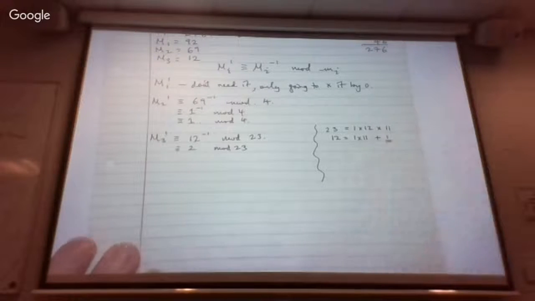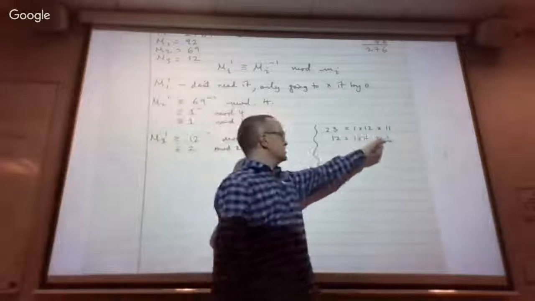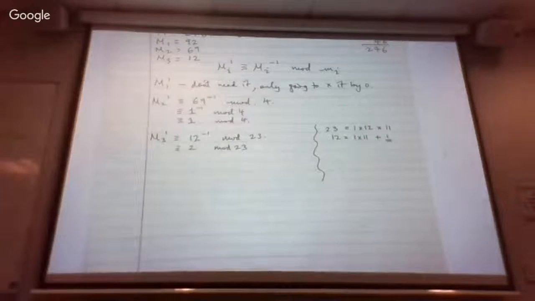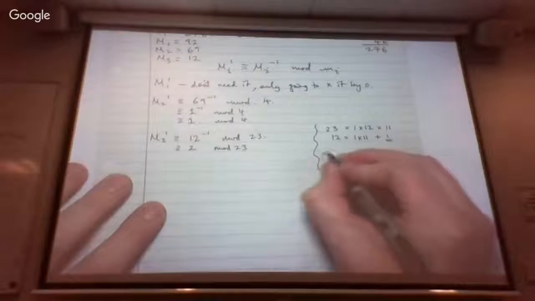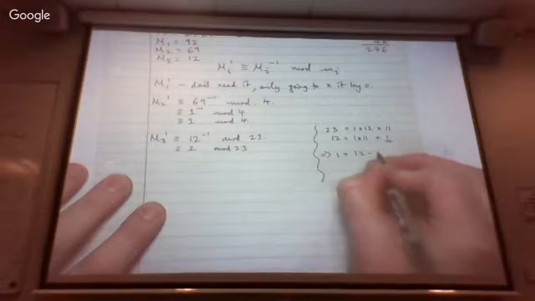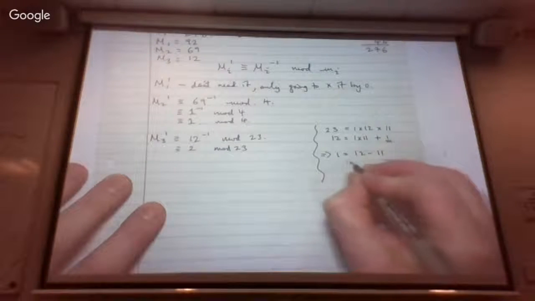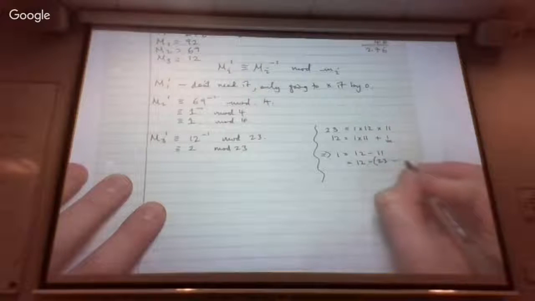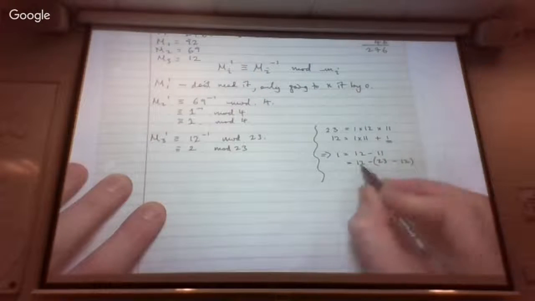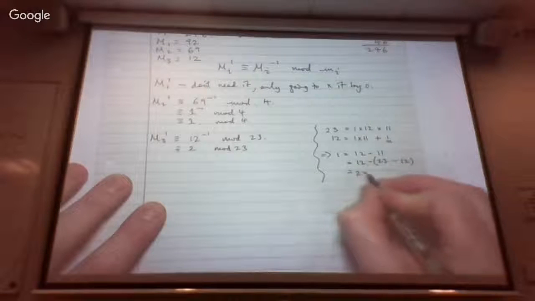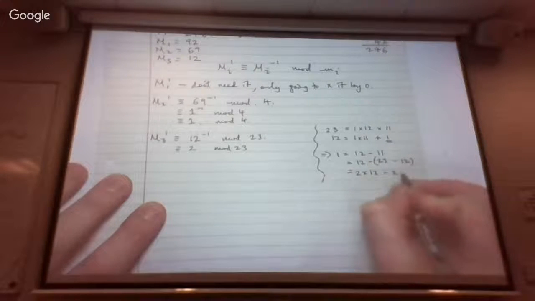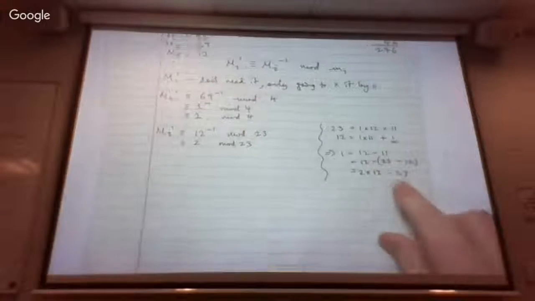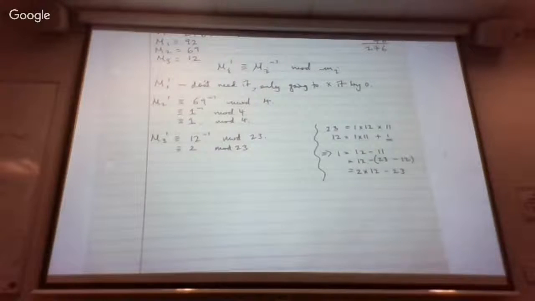That's the smallest non-zero remainder you're going to get, 1. So that's the GCD. So 1 is 12 minus 11, and 11 is 23 minus 12. You get 2 by 12 minus 23. That's your linear combination of 12 and 23 that's equal to 1, the GCD.